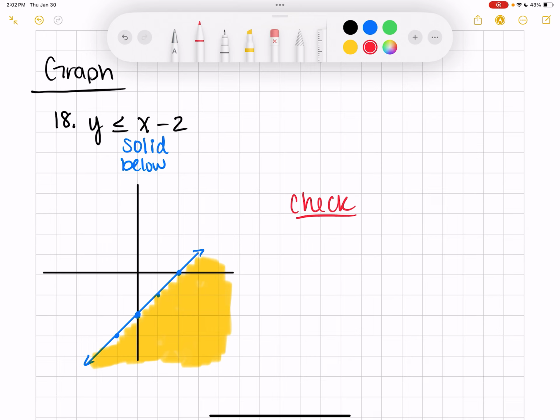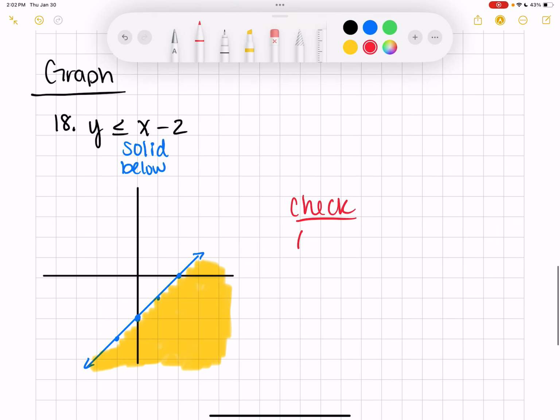So, I'm going to go over, let's say, 3, -2. Let's try that one. I'm going to check that point to make sure it's right in the equation. So I'm going to plug in -2 for y: -2 is less than or equal to 3 minus 2. -2 is less than or equal to 1. Is that true? Yes. So I've shaded in the right direction.